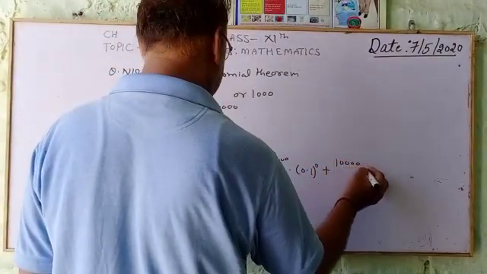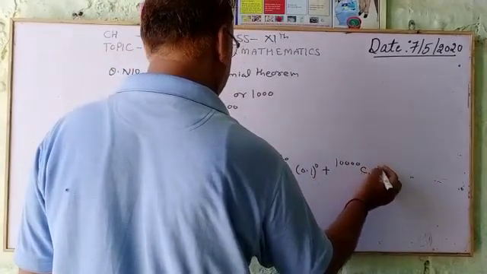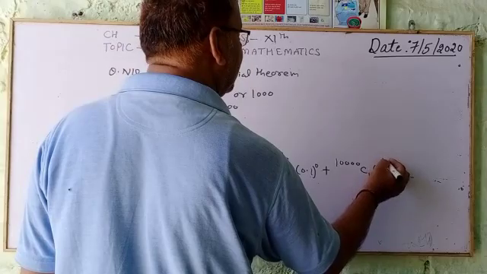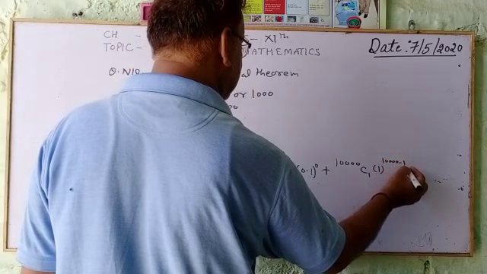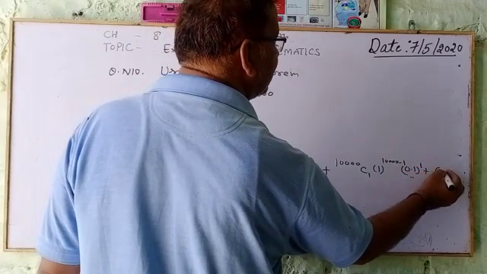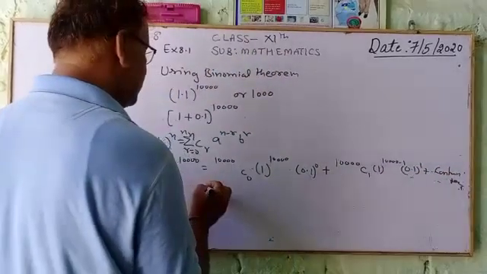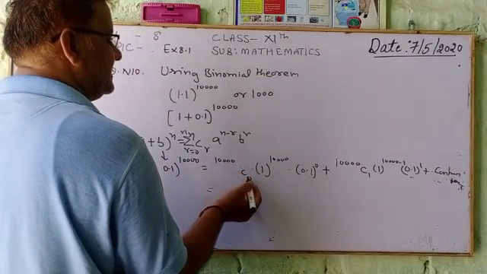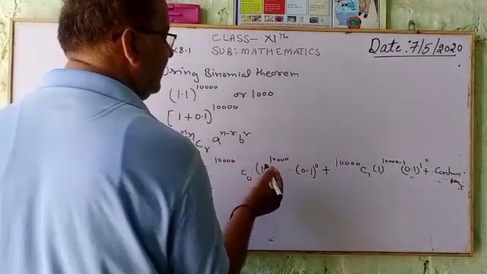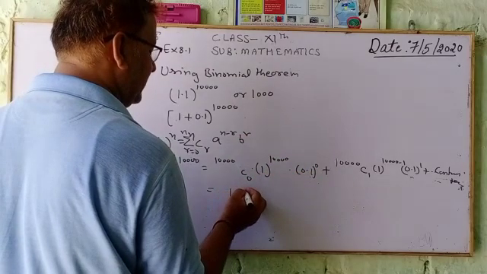10,000C1, 1 raised to power 10,000 minus 1, and 0.1 raised to power 1, plus remaining terms. So 10,000C0 is 1, and 1 raised to any power is also 1, and 0.1 raised to power 0 is 1, so that equals 1.